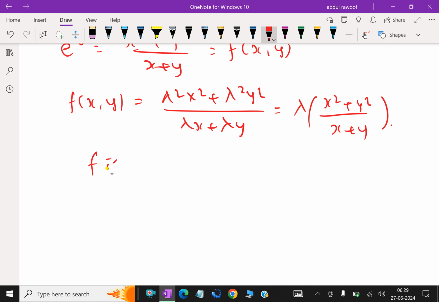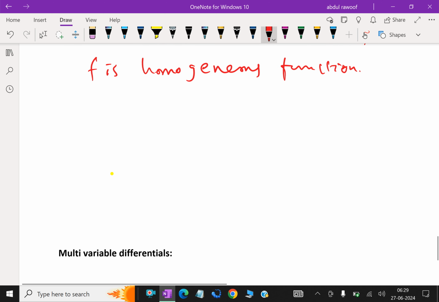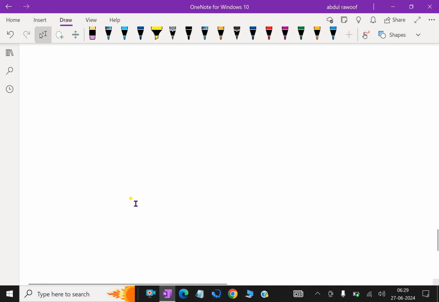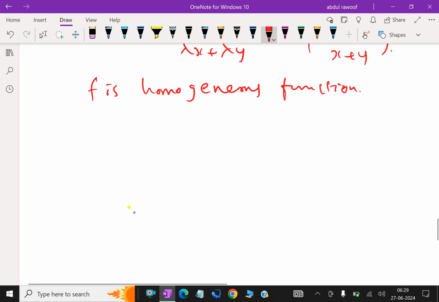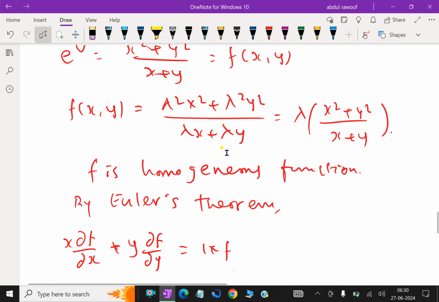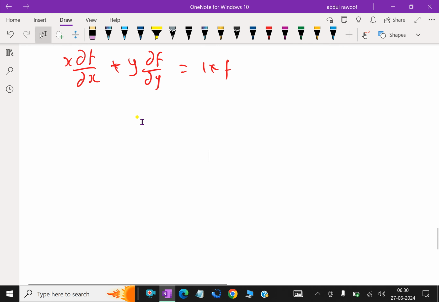Therefore, f is a homogeneous function. By Euler's theorem, x dou f by dou x plus y dou f by dou y equals 1 into f, because the degree is 1, so n into f is 1 into f.